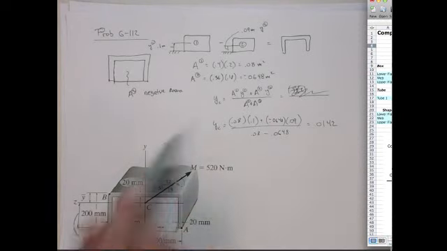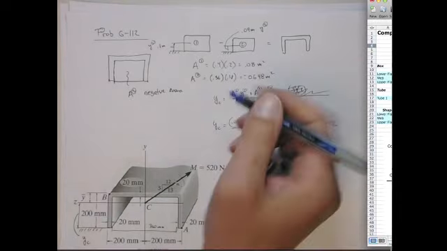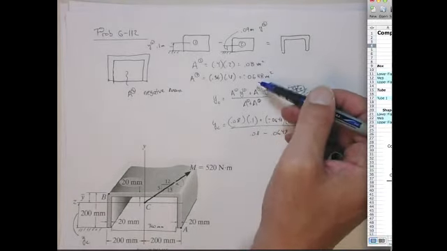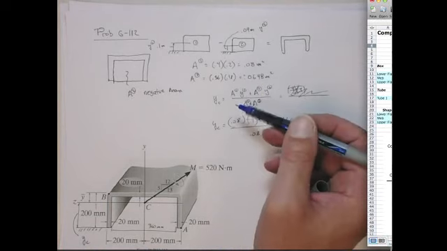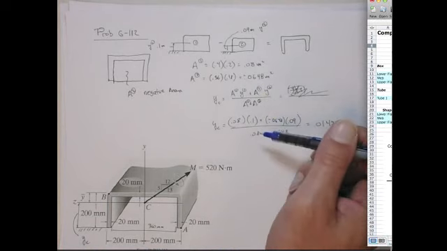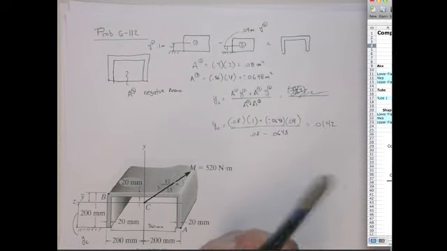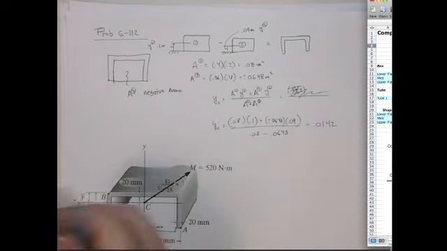So here's the calculations here. You can compute the area of each region. The area of the inner region is going to be subtracted, and then here we can find the centroidal locations. Once we do that, we can do all the other calculations, okay? So you can do those by hand, or we can use the spreadsheet.